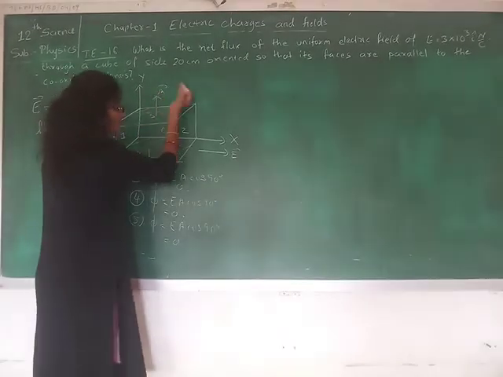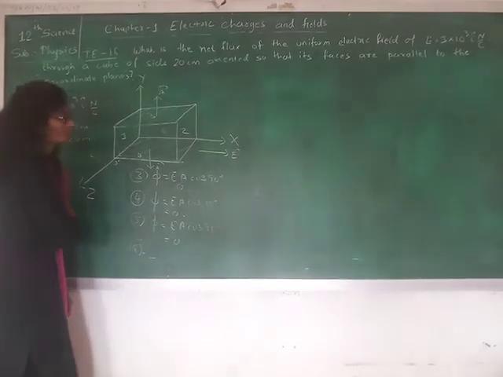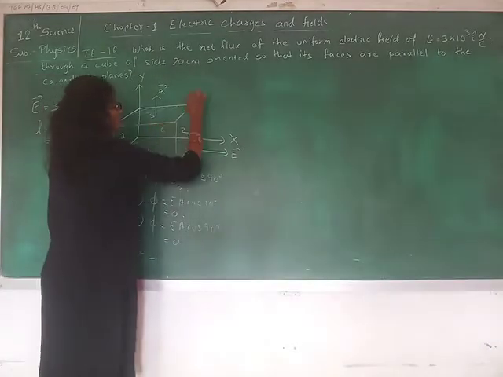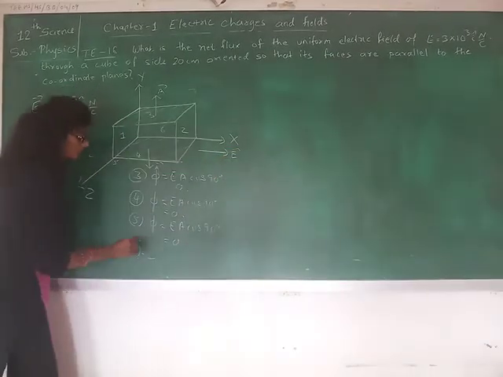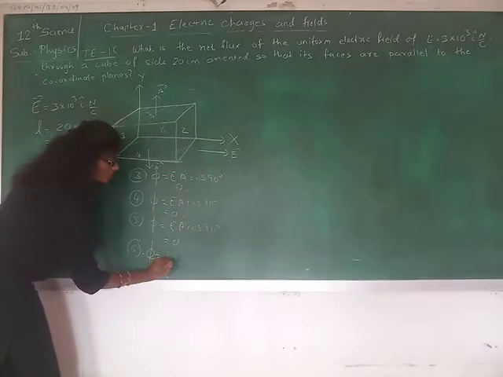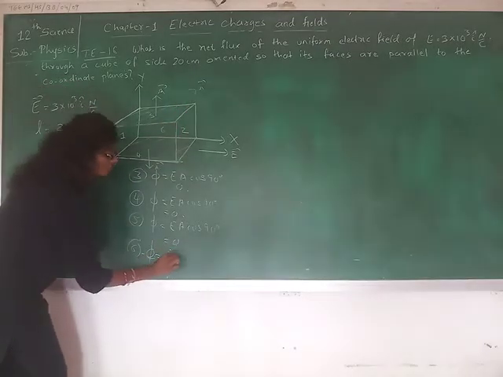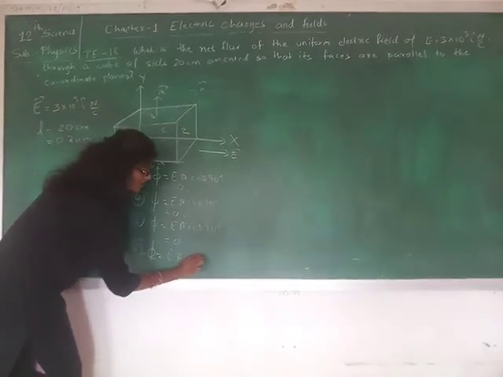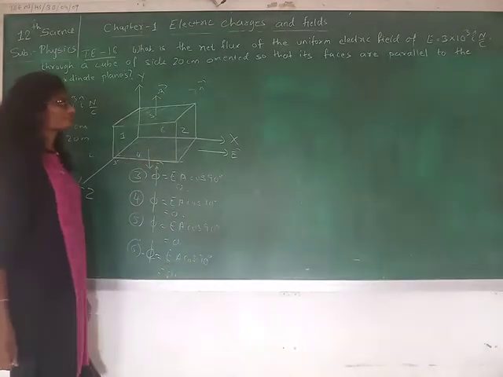Now the backward face of the cube, that is the sixth face of the cube, the area vector will be along the negative z axis. Electric field is along the positive x axis. So again the area vector and this electric field both will have the 90 degree angle. Again the flux will be 0.